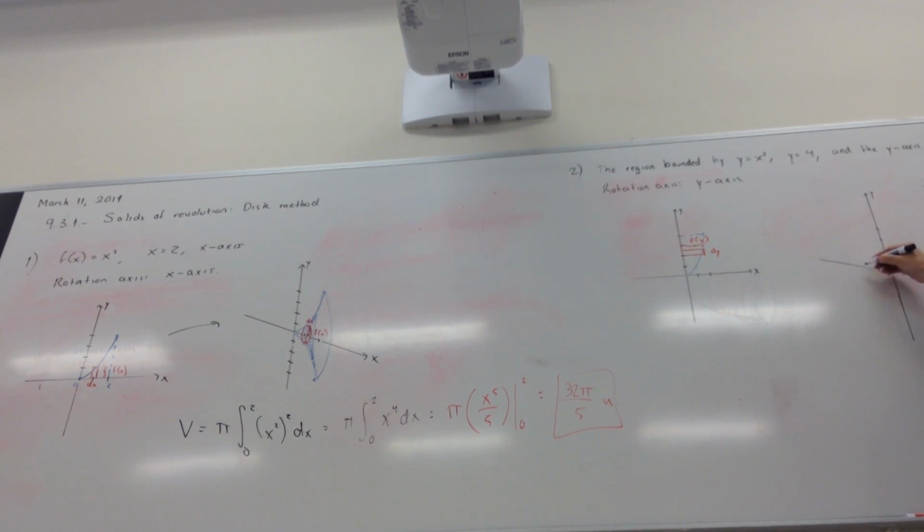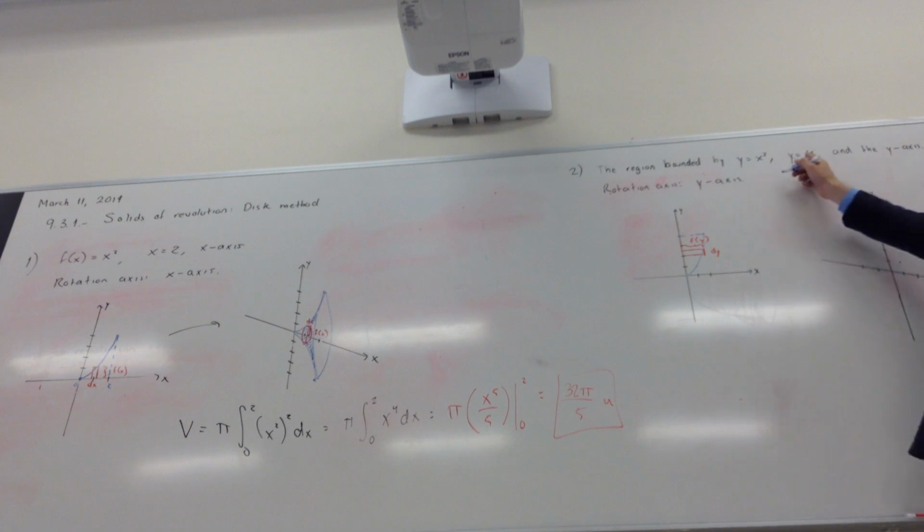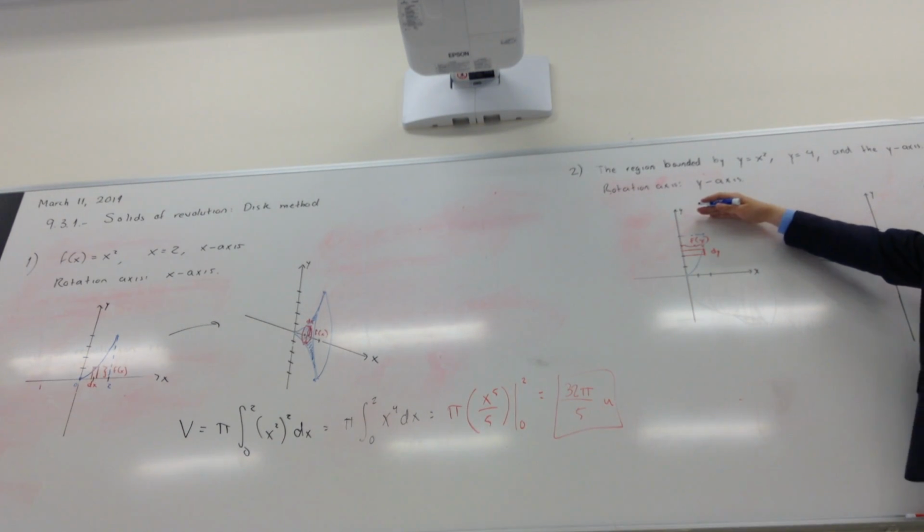Okay. Now, the parabola. 0, 0, 1, 1, 2, 4. Which limits? Y equal to 0, y equal to 4.